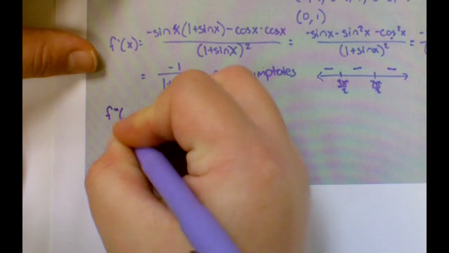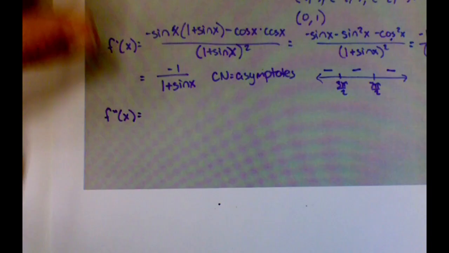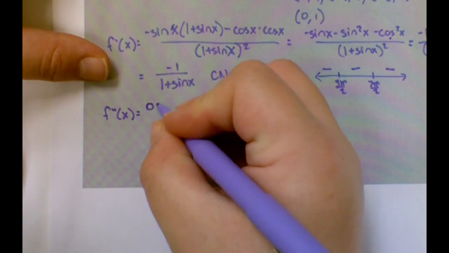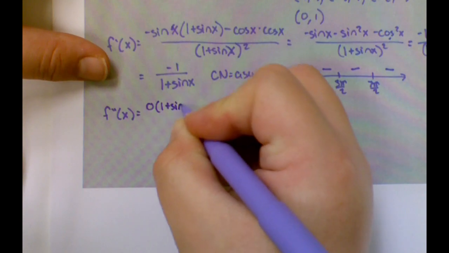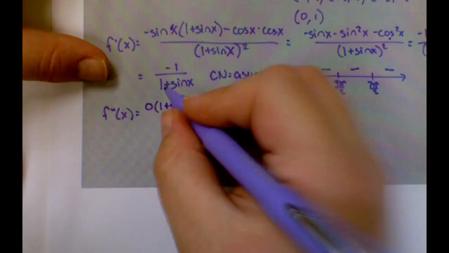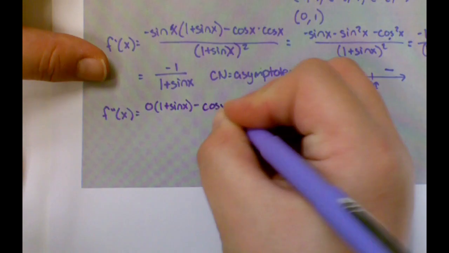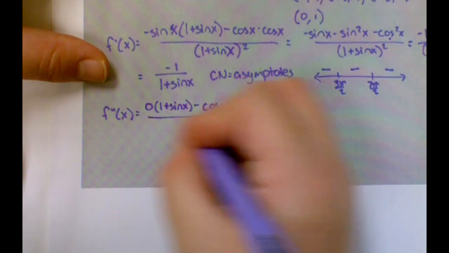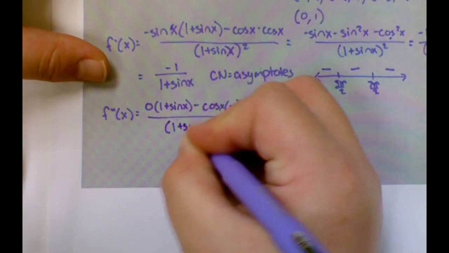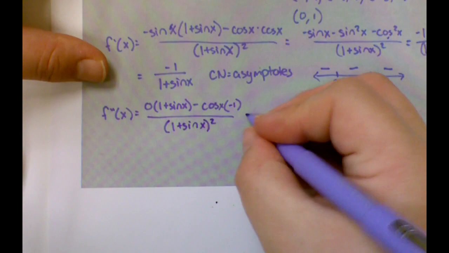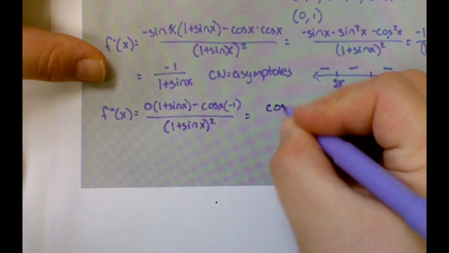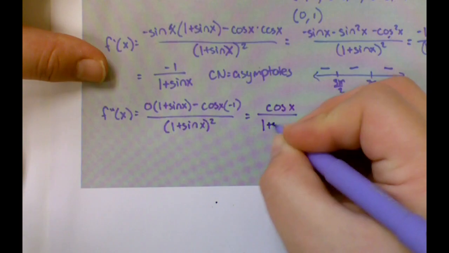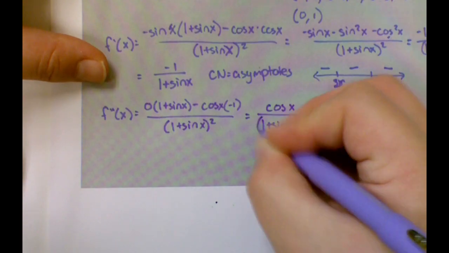And then for our second derivative, we take the derivative of the top, which is 0, times the bottom unchanged, minus derivative of the bottom, which is cosine of x, times the top, all over the bottom squared. So our second derivative is cosine of x over 1 plus sine of x squared.